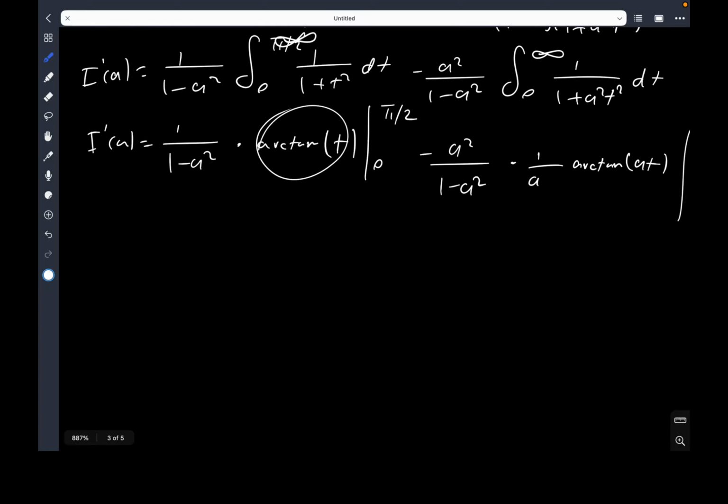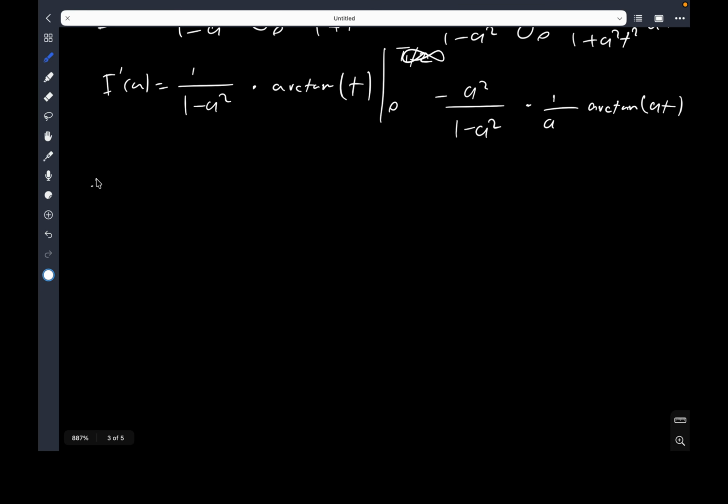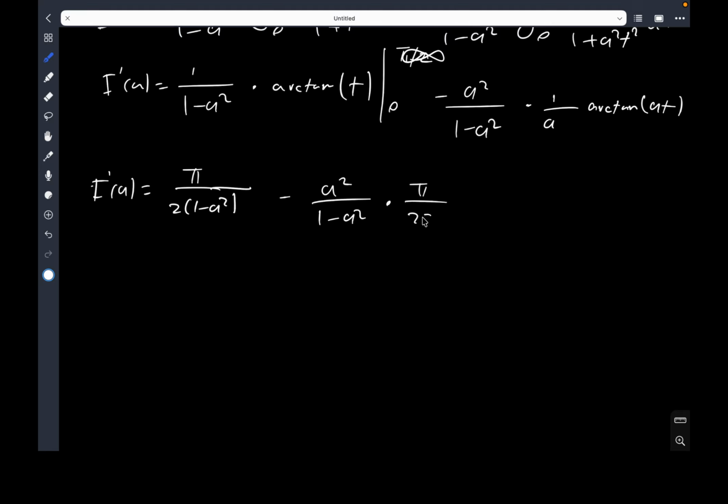Arctan of 0 is 0 and arctan of infinity is pi over 2. Thus I prime of a is pi over 2 times 1 over 1 minus a squared, minus a squared over 1 minus a squared times pi over 2a.